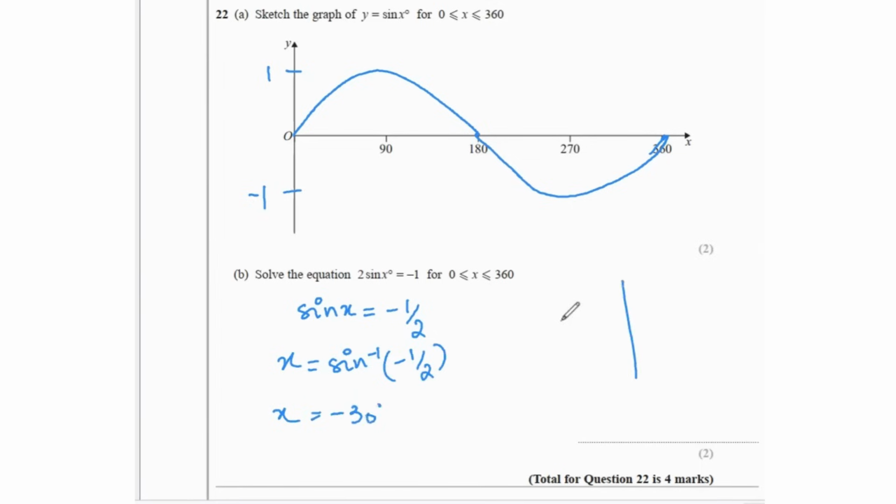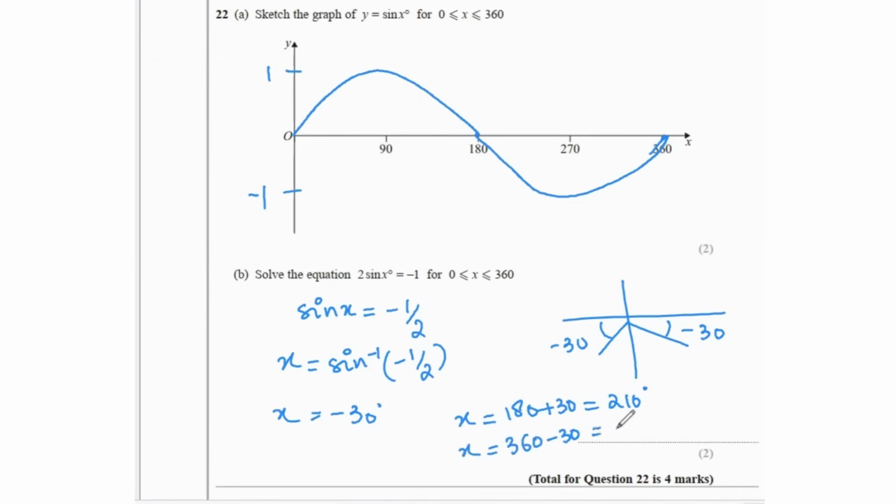Now sine is negative in the third quadrant and the fourth quadrant. So your x values are going to be 180 plus 30, which is 210, and 360 minus 30, which is 330. These are your answers.